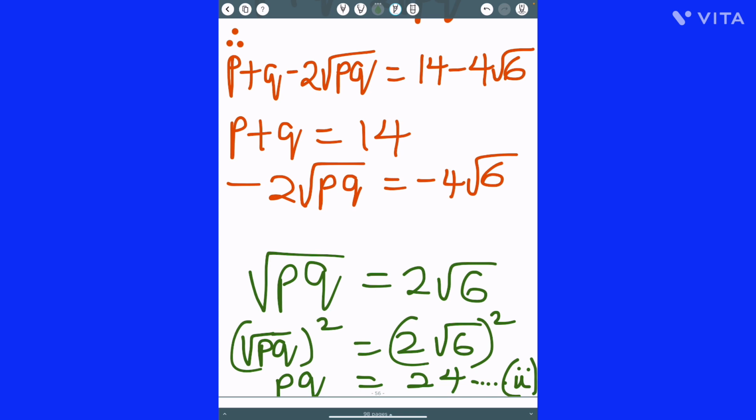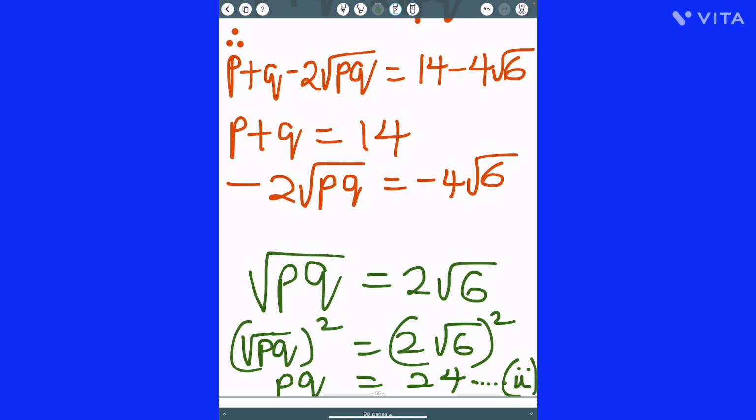Also, this irrational part, minus 2 root pq, is equal to the irrational part on the right hand side. So we equate both. P plus q is 14, and minus 2 root pq is minus 4 root 6. This one is simplified already, so this is our equation 1.